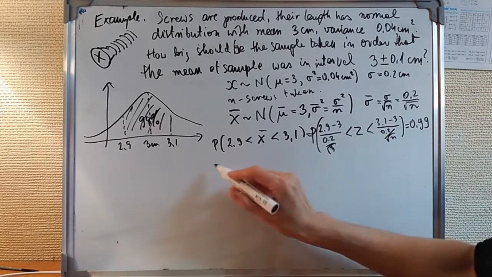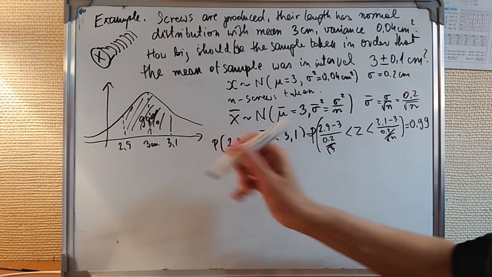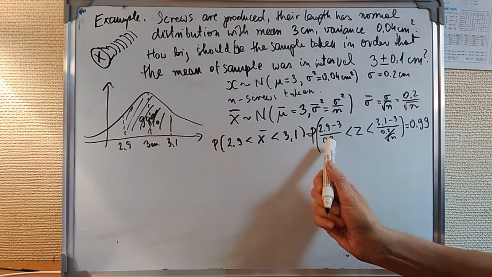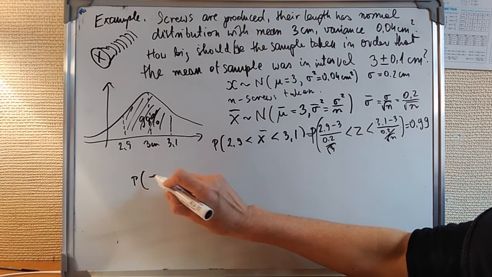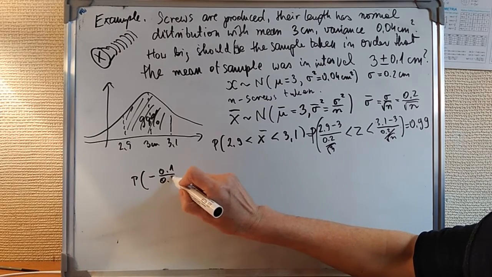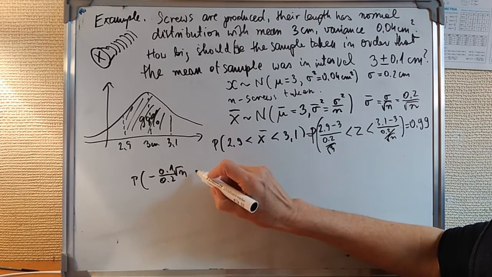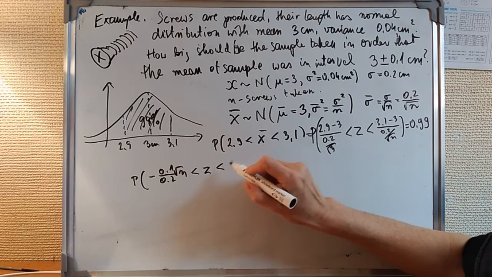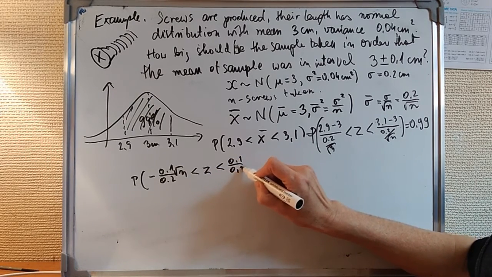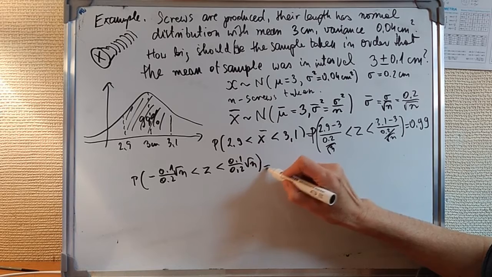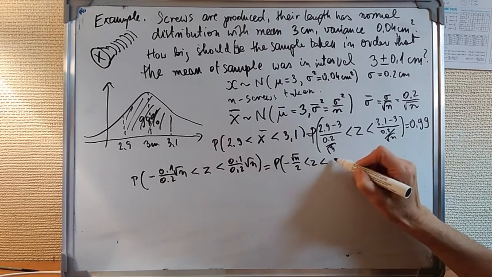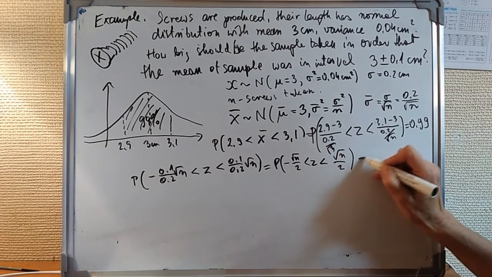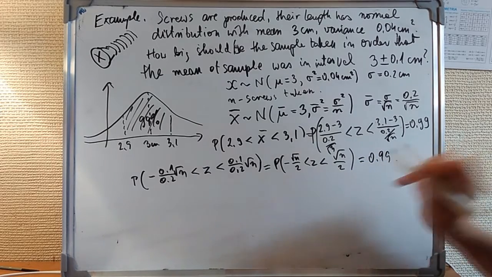Okay, we have to simplify this. This is minus 0.1 over 0.2, so this is the probability that minus 0.1 by 0.2 times square root of n is less than z, less than 0.1 by 0.2 square root of n, which equals the probability minus square root of n by 2 less than z less than square root of n by 2. This must be equal 0.99.